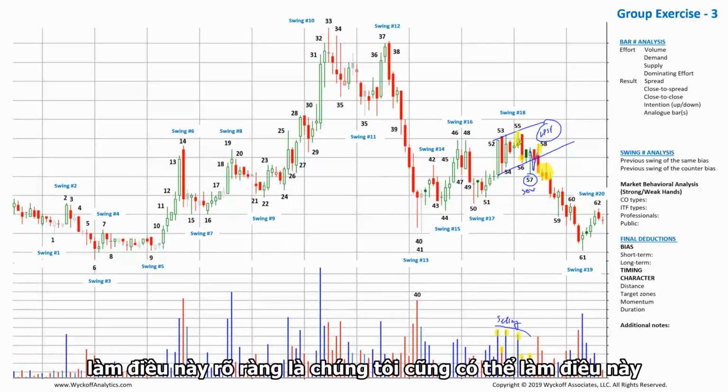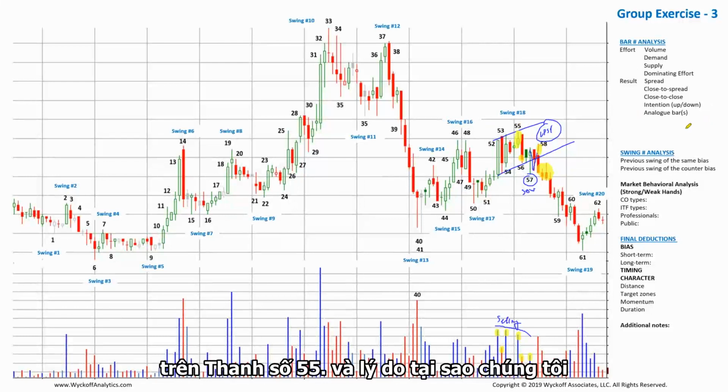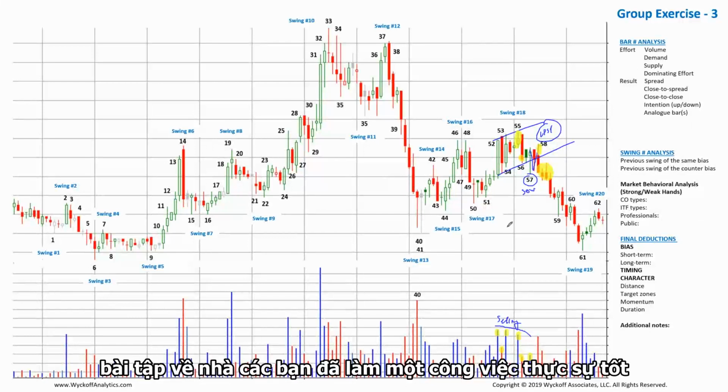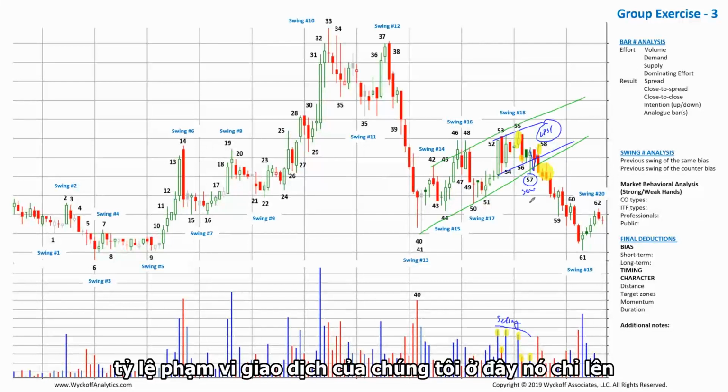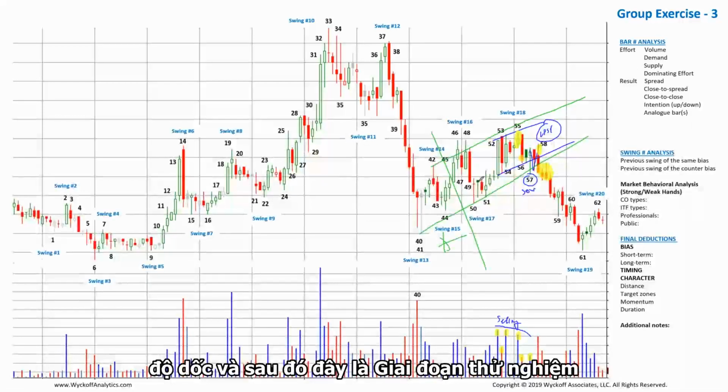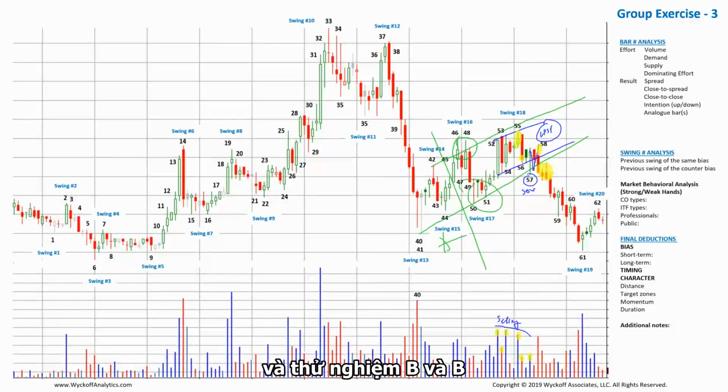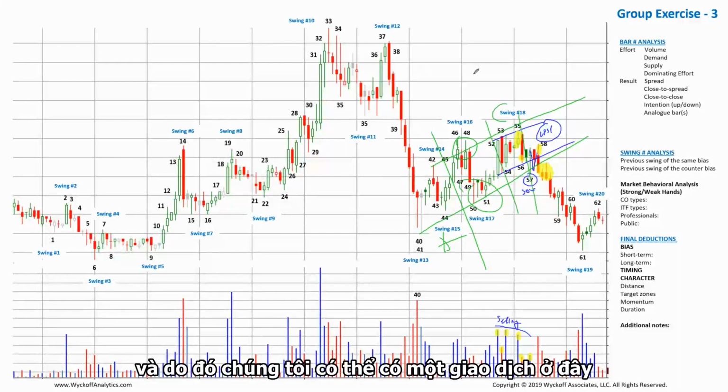Obviously, we could also do this on bar number 55. And the reason why we could do this is because within the longer term structure, and some of you who sent me the homeworks, you guys did a really good job because you were thinking that this is our trading range right here. It's just up sloping. And then this is phase A, test and B, C. And therefore, we could have a trade here.